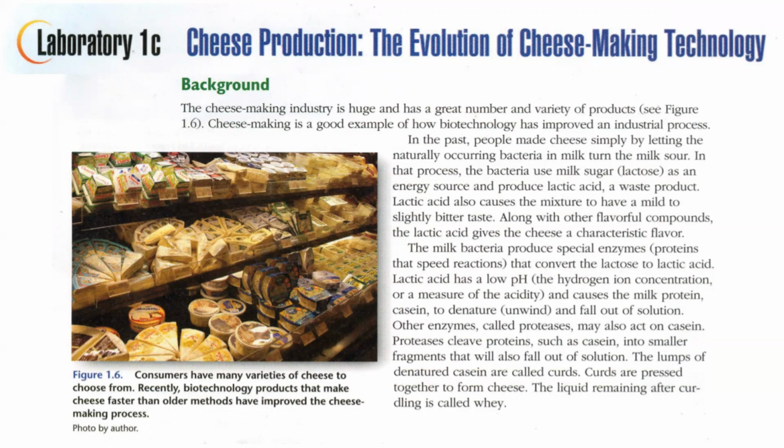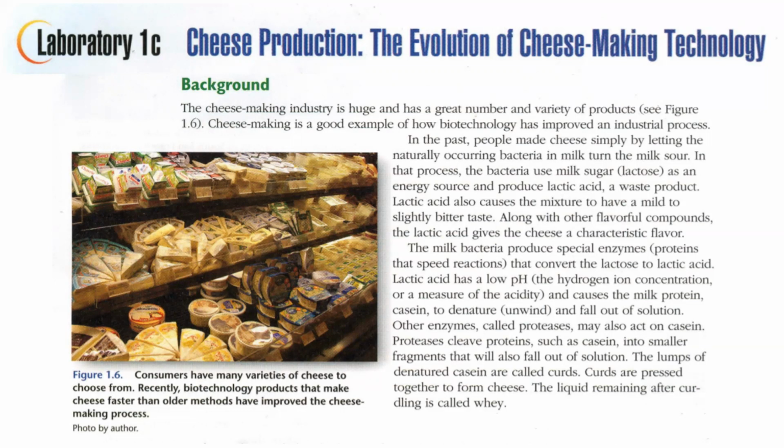Along with other flavorful compounds, the lactic acid gives the cheese a characteristic flavor. The milk bacteria produce special enzymes, proteins that speed up reactions, that convert the lactose to lactic acid. So we have bacteria that's naturally occurring, create enzymes, and then that enzyme converts the sugar lactose into lactic acid, which is what gives part of the flavor.